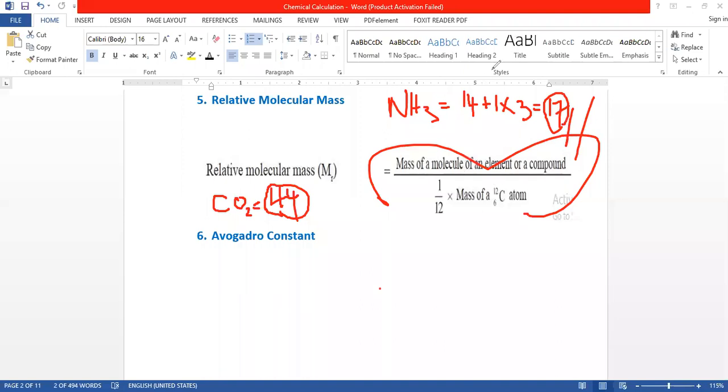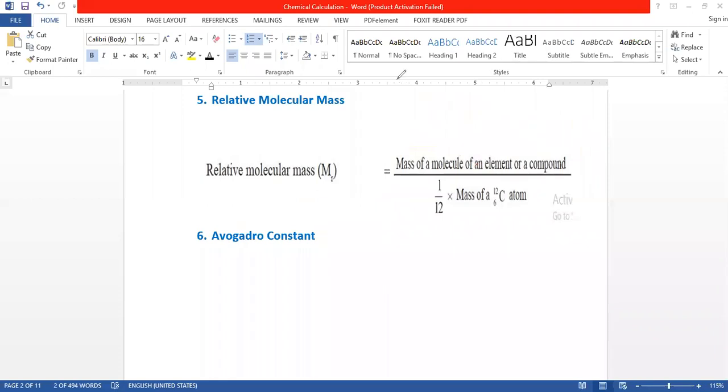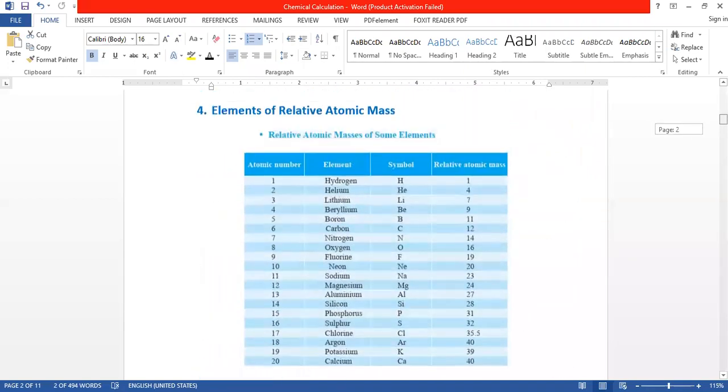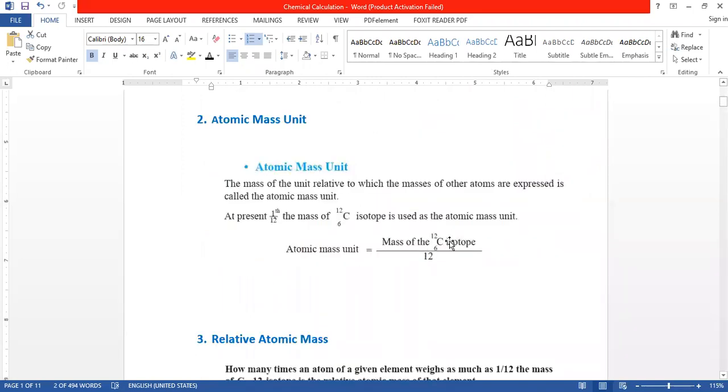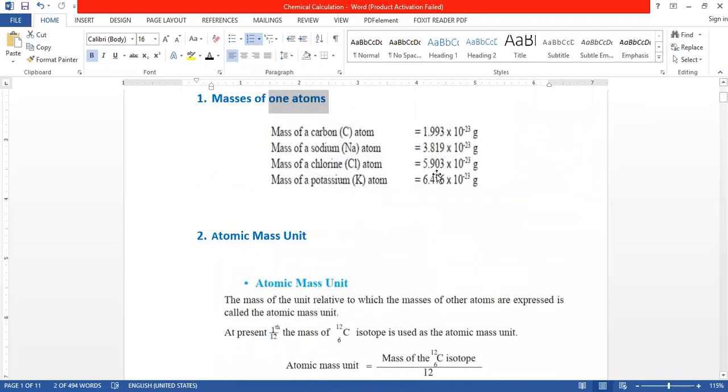Please remember everything you have to know. You must remember at least this equation, that's all. Remember this equation. And also, you should have a small idea about this.